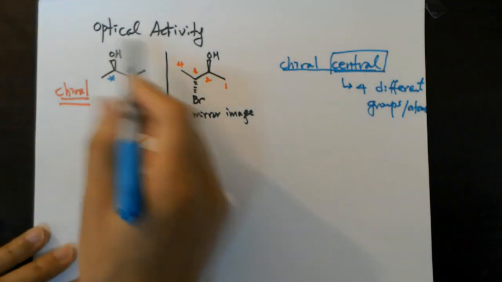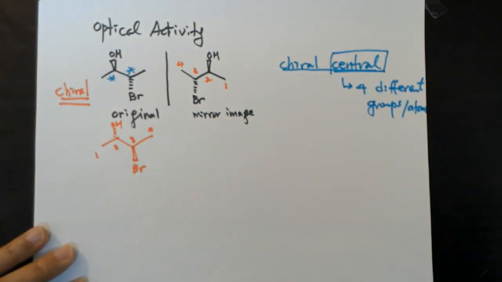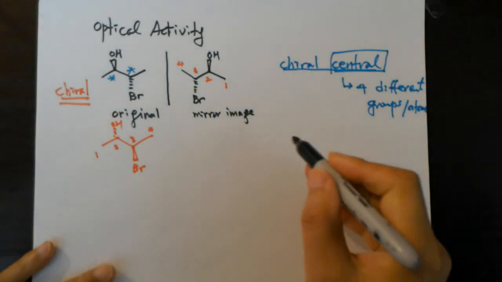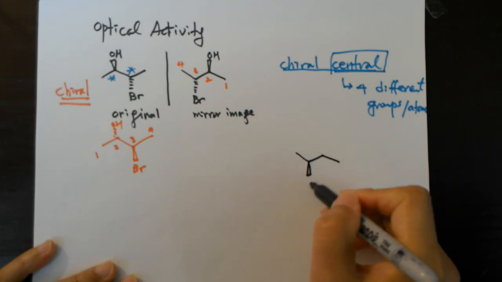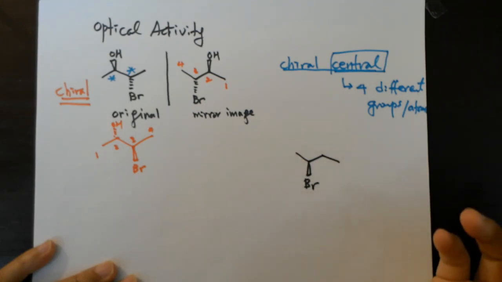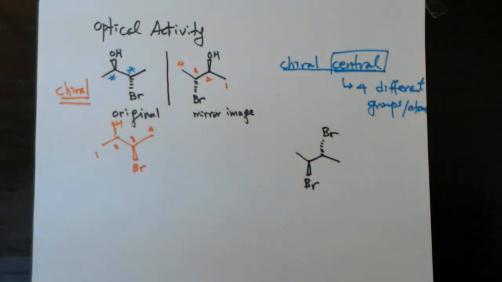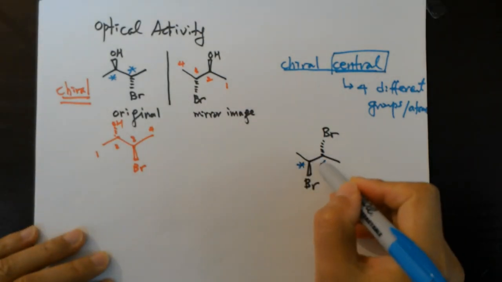So is this molecule a chiral molecule because it has chiral centers? Well, not necessarily. Here is an example. If I show you this, this molecule has a chiral center right here and right there.